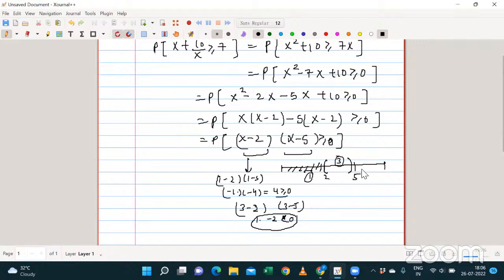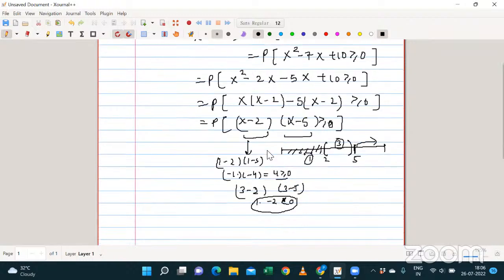Now put a value after 5, let's put 6. 6 minus 2 into 6 minus 5 will give you 4 into 1, which is again 4, which is greater or equal to 0.